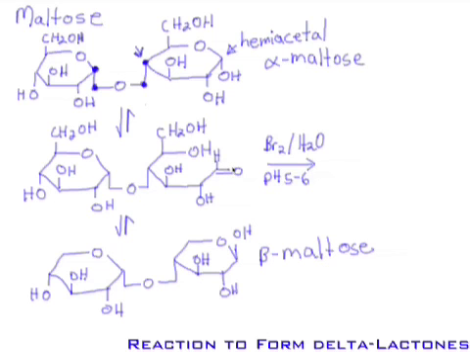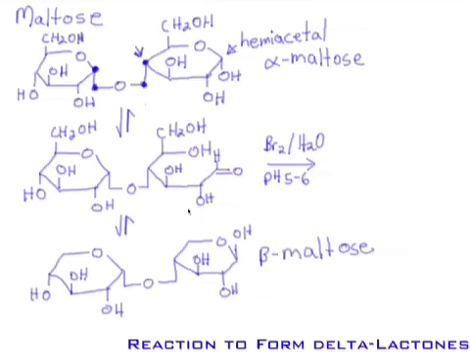Now, that means with Tollen's reagent, which is in base, I would get a CO2 minus here. And it would stay like that. It would stay open. But with Br2, H2O, pH 5 to 6, we recall that we would produce gamma-lactones.